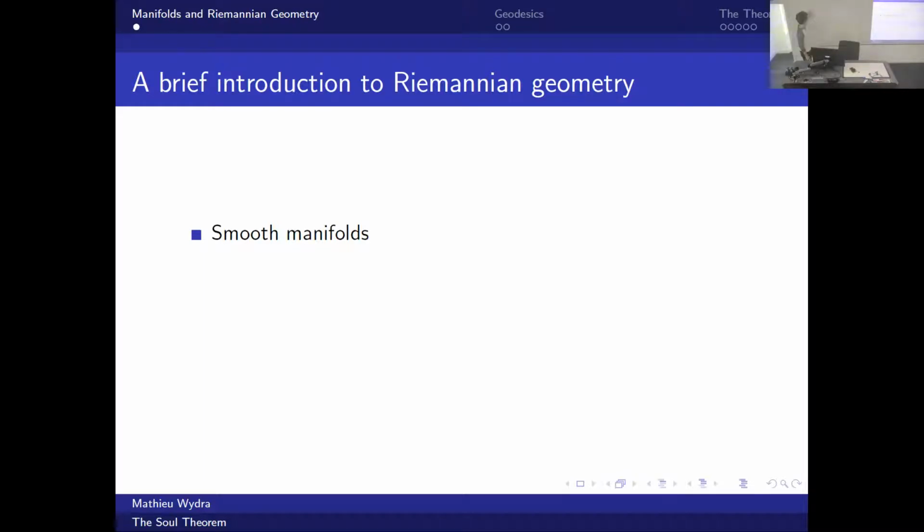So it's a structure which locally resembles real Euclidean space. You've seen this before with the sphere: take any ball around a point on the sphere and map it to the plane, and you've got the inverse map as well. So the sphere is a smooth manifold because the map is also smooth.